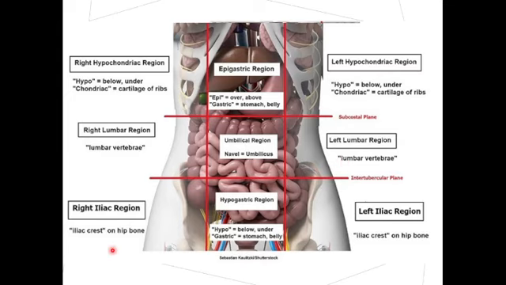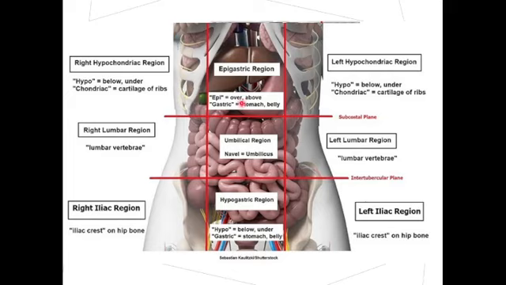Next we have iliac. The iliac region also consists of the left side and the right side. On the top of our hip bone here, we have what we call the iliac crest. So that's where it came from.